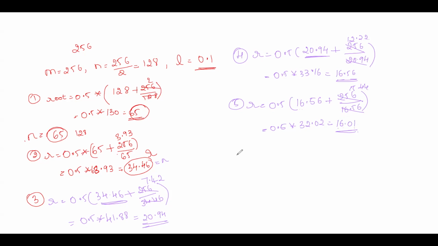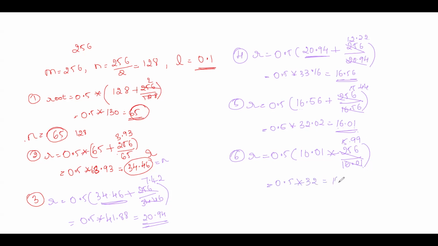We are almost close. So let us do the last iteration, where r is equal to 0.5 into 16.01 plus 256 divided by 16.01. When you calculate this, you will end up getting 15.99, which gives 0.5 into 32.